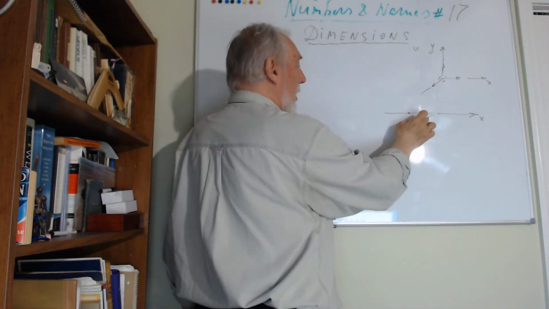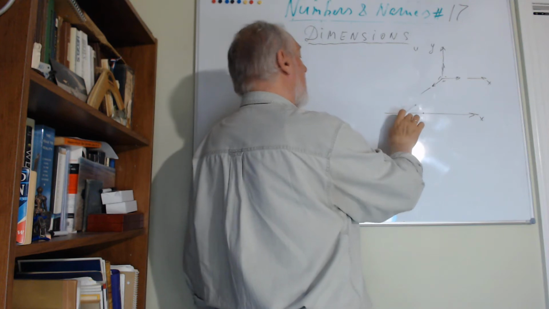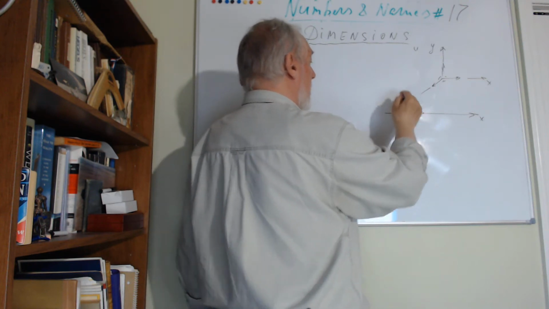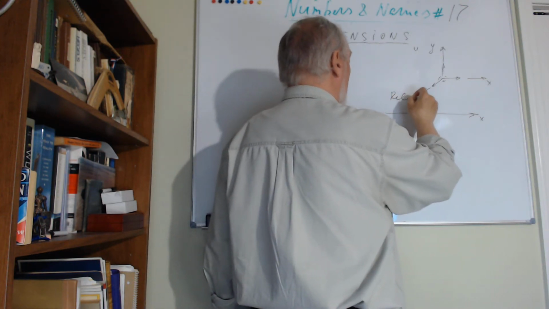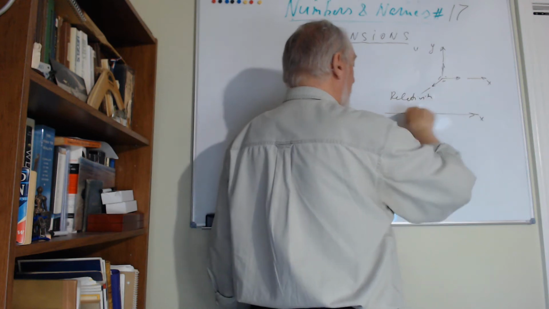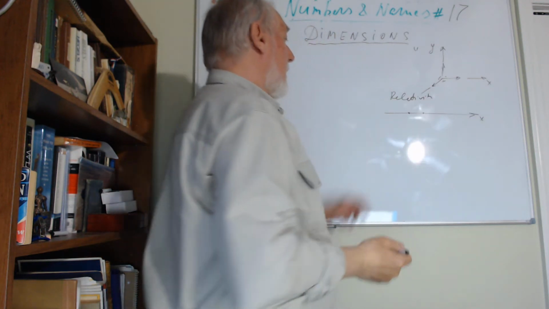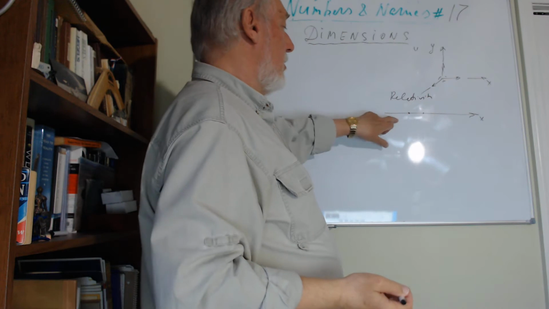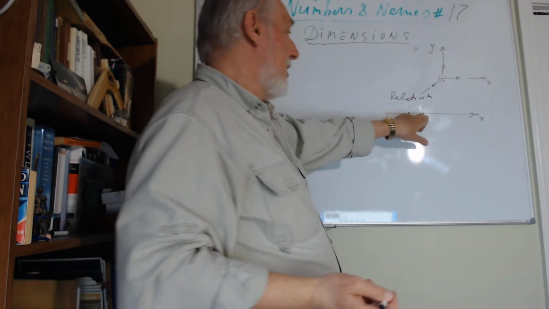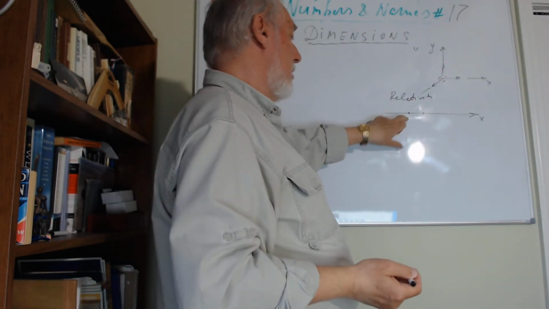For example, one point moved from this point, and this point moved relative to this. This is actually called relativity. So one point goes this way, and the other point, from this point of view, goes the opposite way. It depends upon the point of view: you're standing on this point or standing on this point.